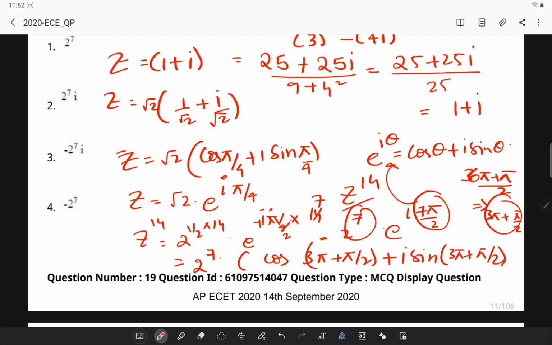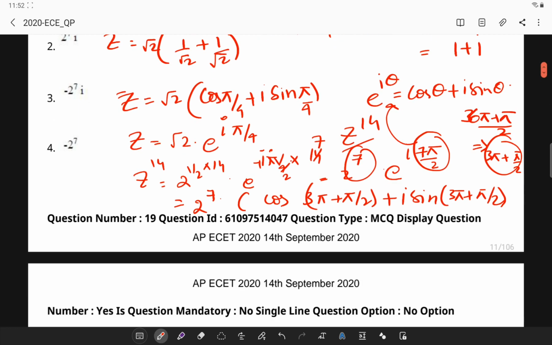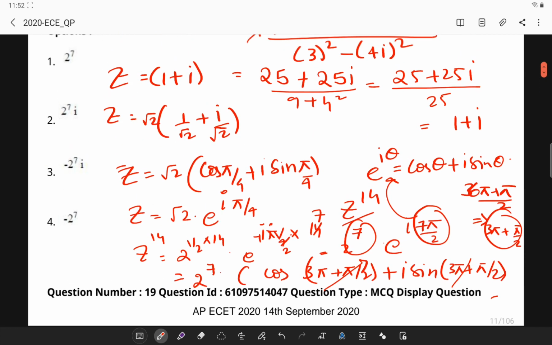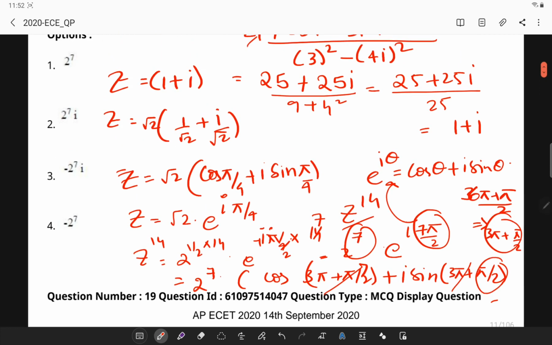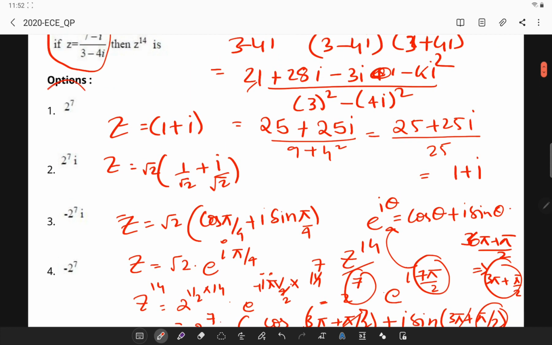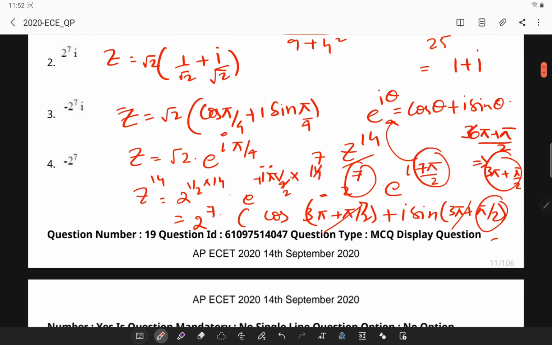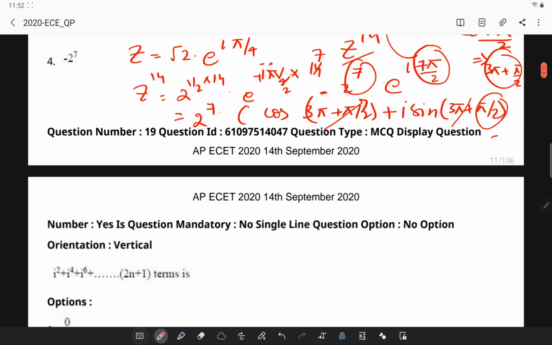So if you observe this, cos of anything plus 90 is 0, and sin of 3 pi plus pi by 2 is sin 90, which is 1. So I will be left with 2 power 7. So this is a tricky question.